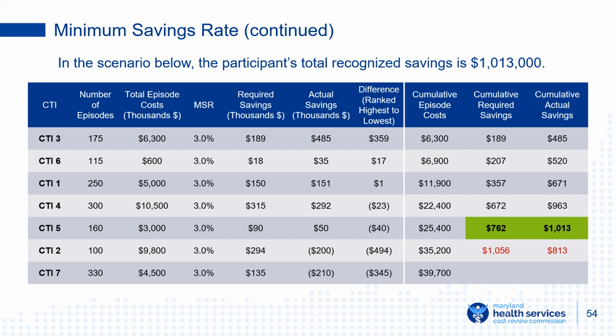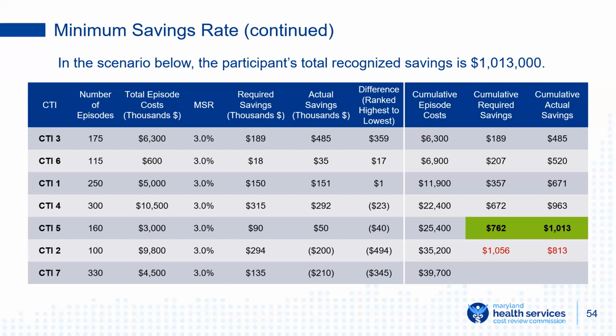When we get to the fourth CTI in the list, you can see that the required savings was $315,000, but the actual savings was only $292,000. So we missed our target by $23,000. In the right-hand side, though, we can see that we've accrued quite a bit of excess savings.